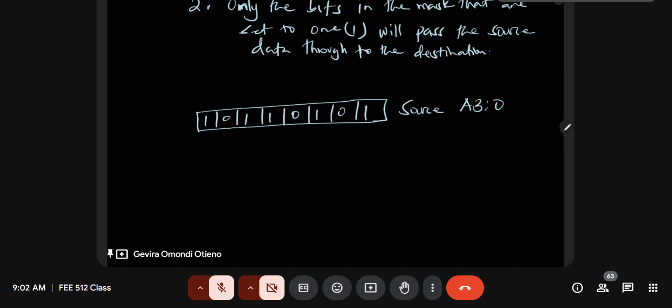Then, remember, we have a destination. That destination also has some information in it. We must never forget the destination is not just empty. It also has some information. So let's say the information at the destination at any given time was this.